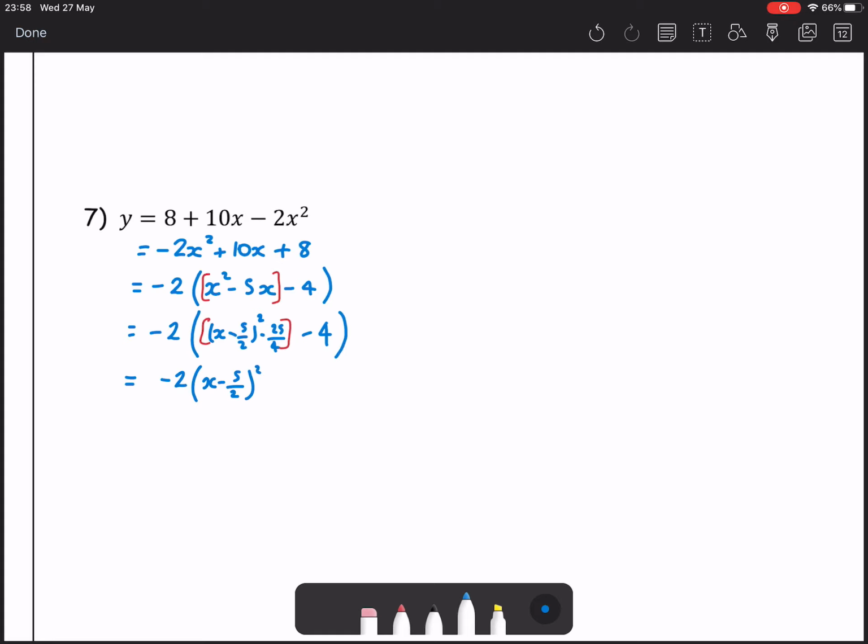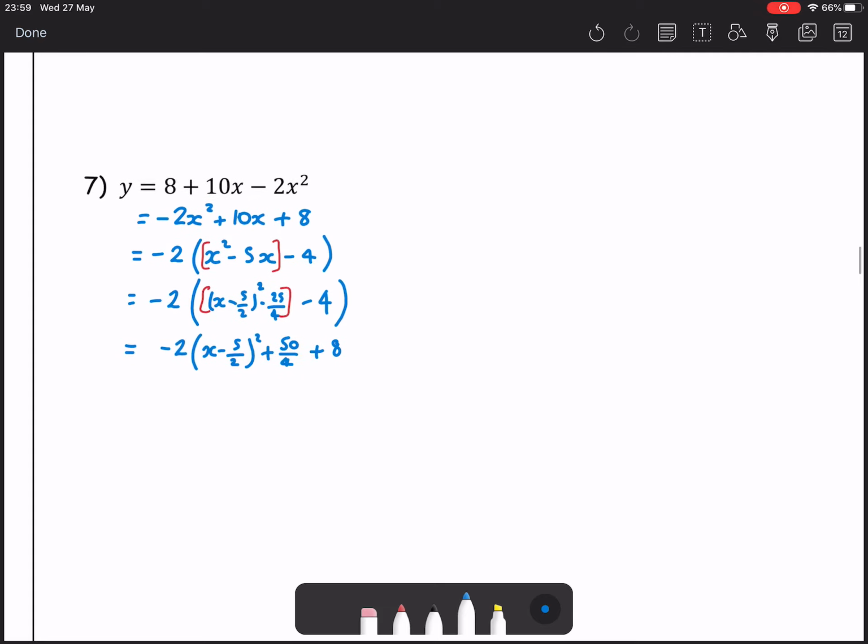Minus and minus is plus, 50 over 4 plus 8. So I haven't managed to get rid of the fraction.